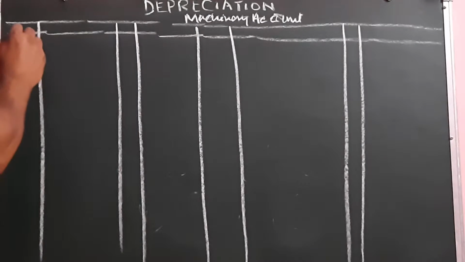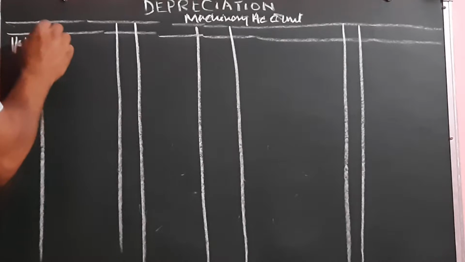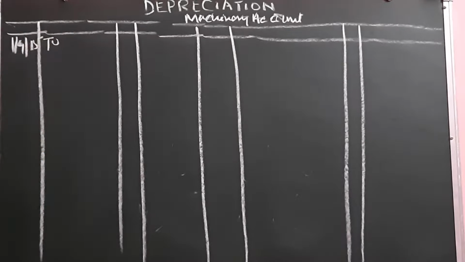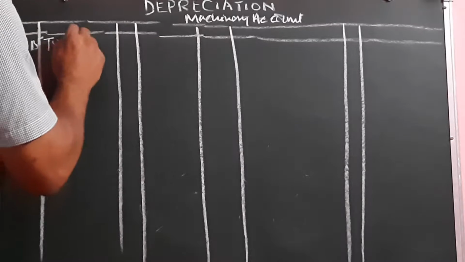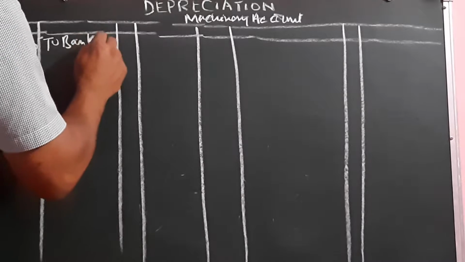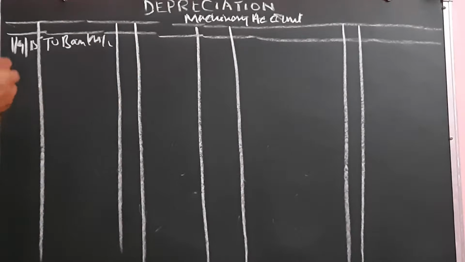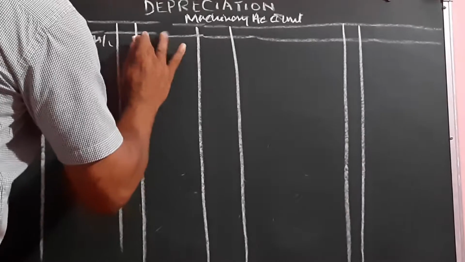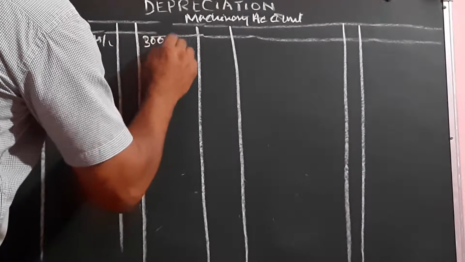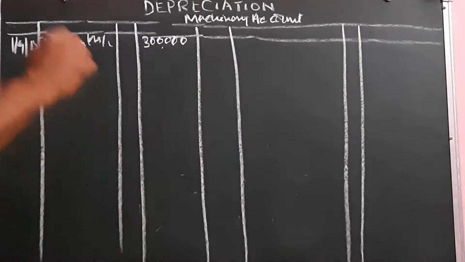So on 1st April 15, purchase of 5 machines of rupees 60,000 each, to bank account. 5 into 60,000 is 3 lakh. So first the purchase here is 3 lakh.